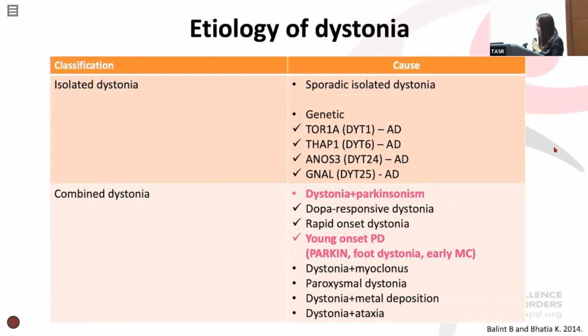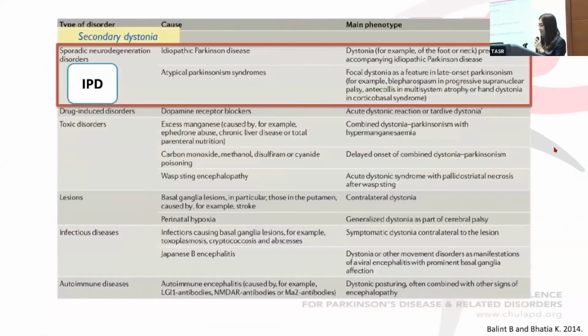For rapid onset dystonia, the progression will be very quick at a very young age. And if the patient has YOPD, like this patient, may have foot dystonia and early motor complications, and this is compatible with our case.